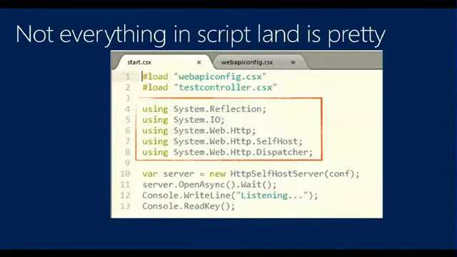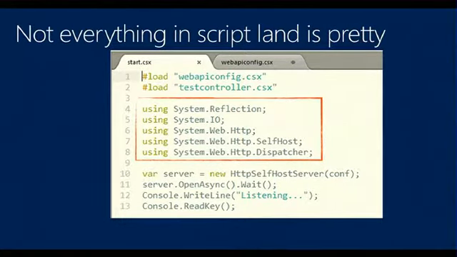But not everything in scriptland is pretty. So you have to deal with things like these using statements. Some of these actually now we provide you by default, like system.reflection and system.io. But if I'm using a NuGet package for the first time, I have to know exactly which namespaces have to be plugged in.